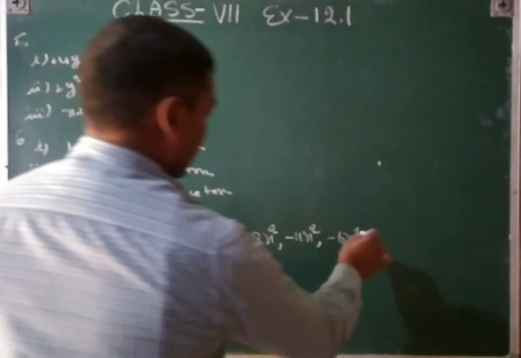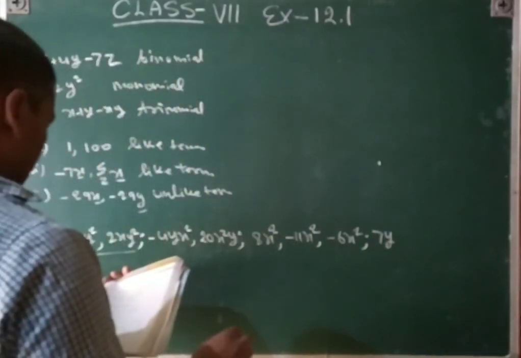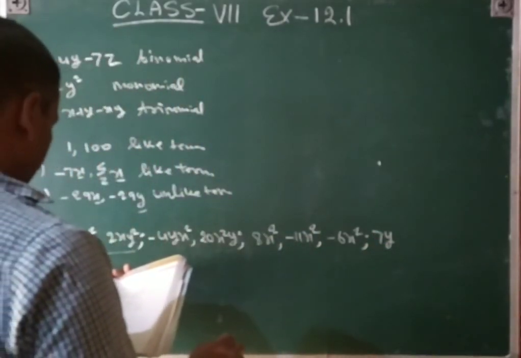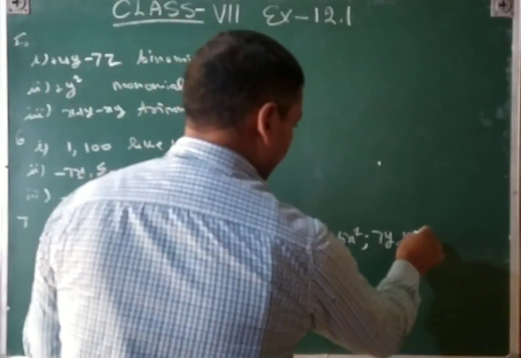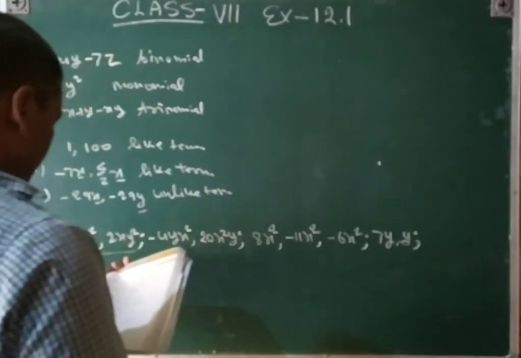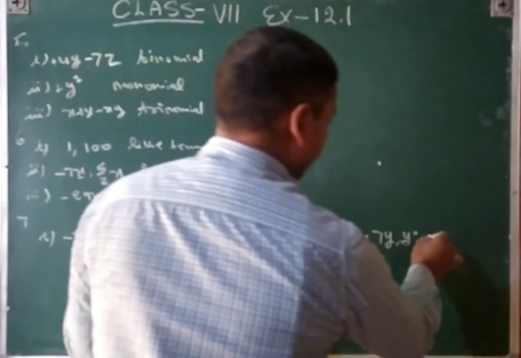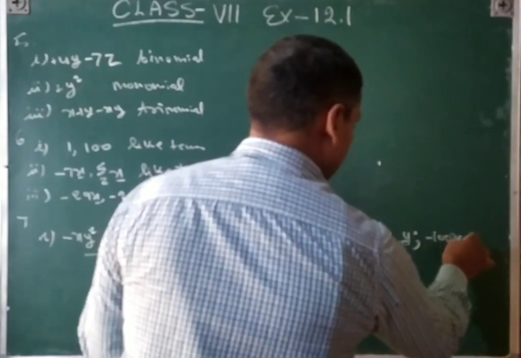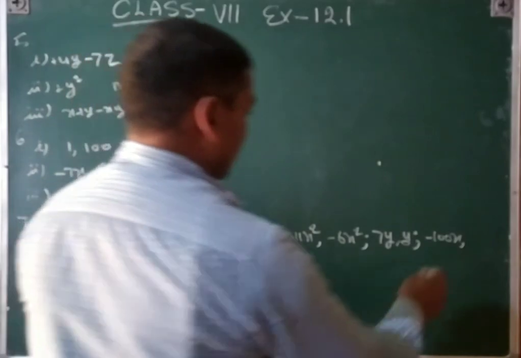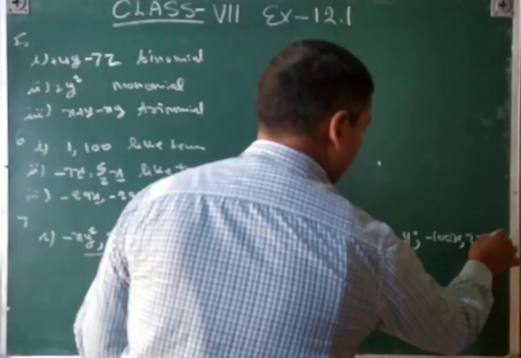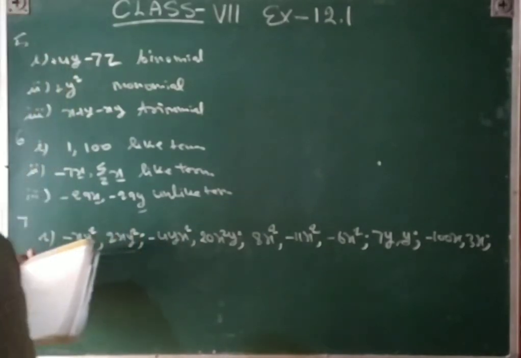Now the 7y term we will see, only the y term. So only one y is also there, y. Now y we have taken, x square also we have taken. Now the x terms: minus 100x, and then also see where the x is given, that is 3x also. These are the like terms. And then x terms we have also taken.